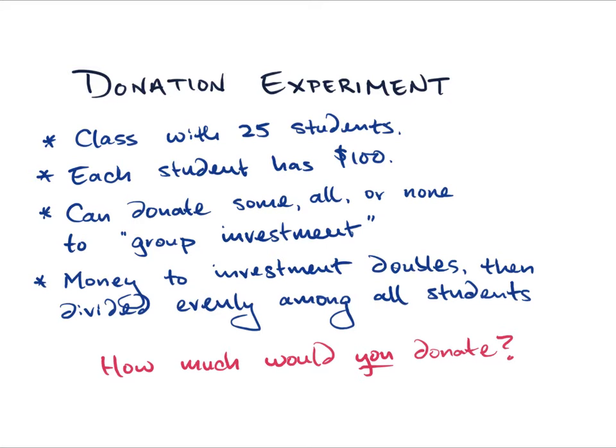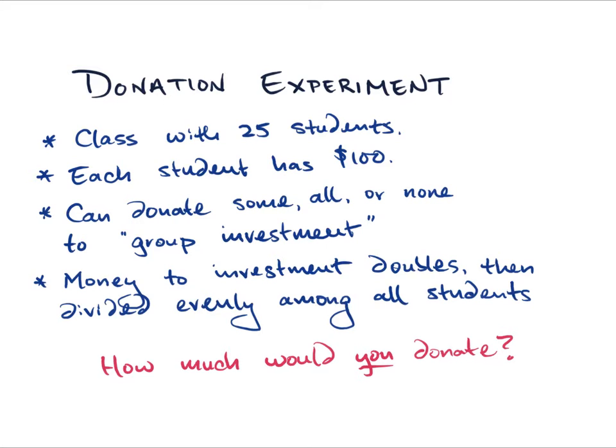The money that goes to this group project doubles in value and then gets shared evenly among all 25 people in the group. Money that you don't donate, you get to keep. So again, either a dollar goes into your pocket or that dollar goes to the group project where it doubles in value and gets shared out.